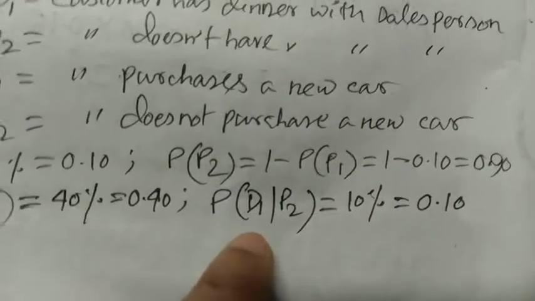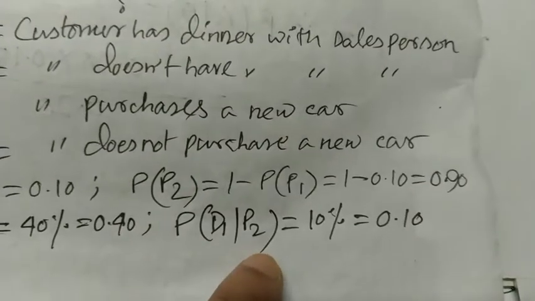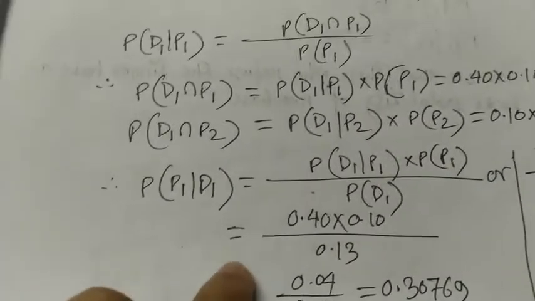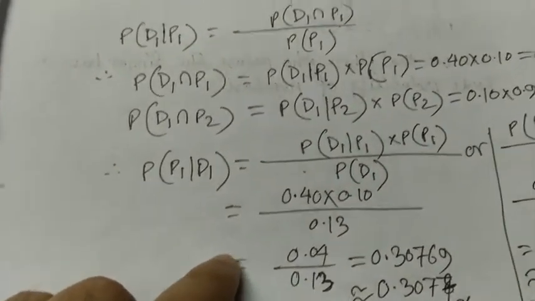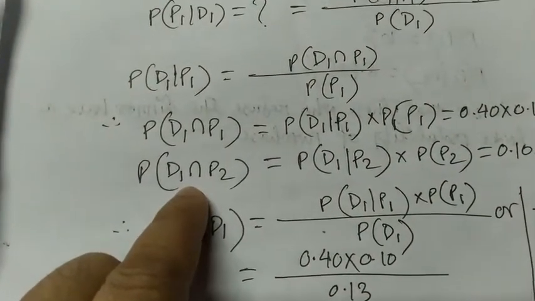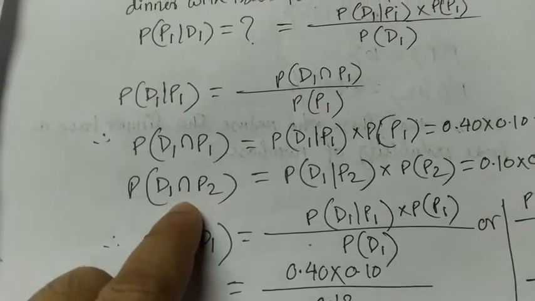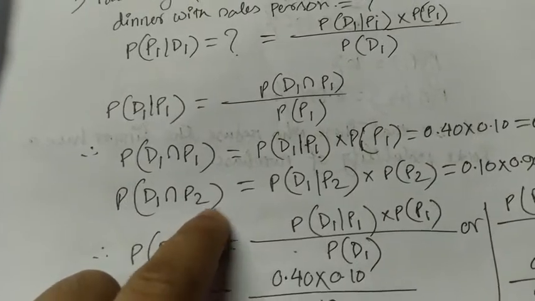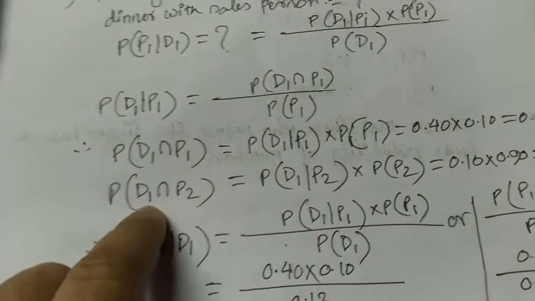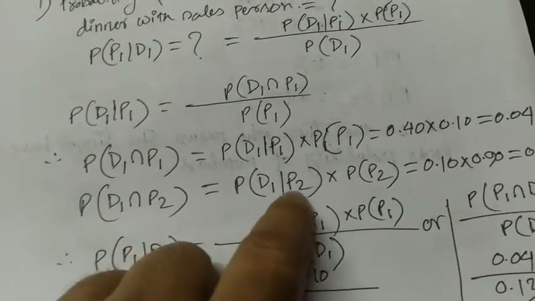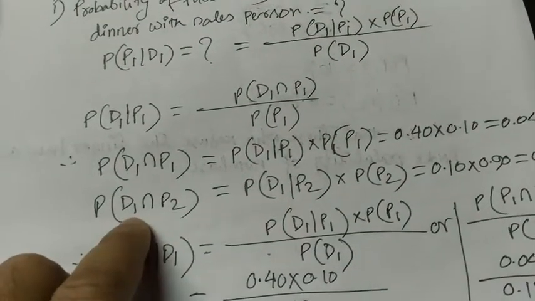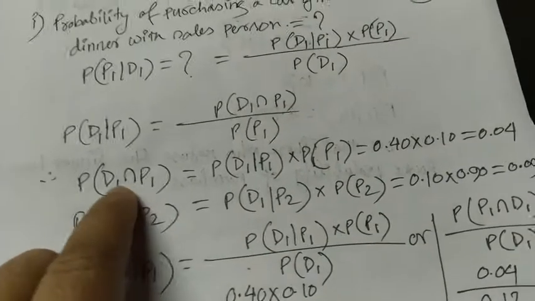Right. So next we have the information that probability of D1 given P2 is 10%.